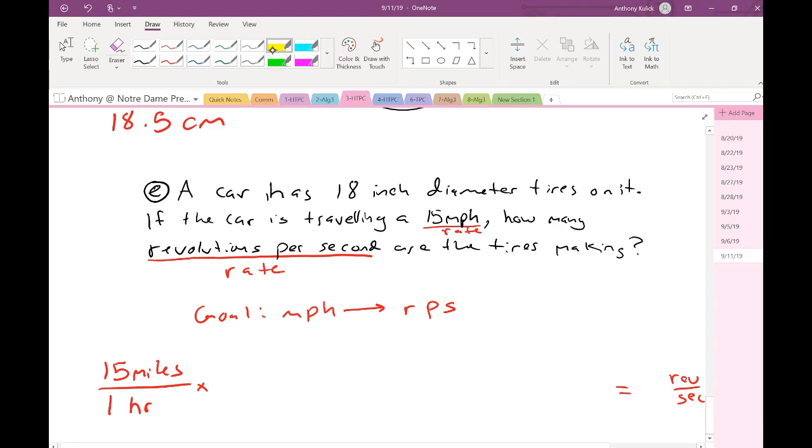So let's start with the easy part here by converting hours into seconds. So how do I convert hours to seconds? So you're going to convert first hours into minutes, it sounds like. So I remember that these units have to be on diagonals from each other.